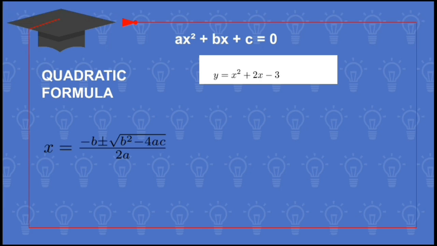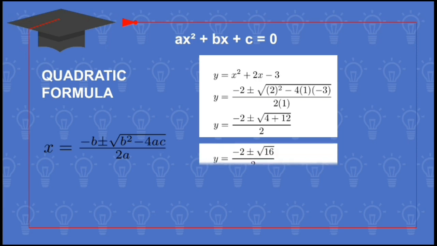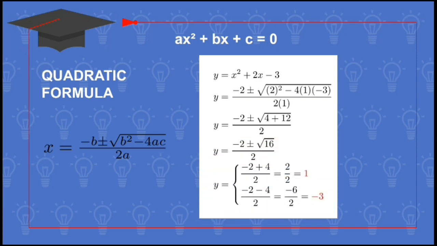For example, solve y equals x squared plus 2x minus 3. We see that a is 1, b is 2, and c is minus 3. So the solution will look like this. We use substitution, and in the end, we see the results are 1 and minus 3.